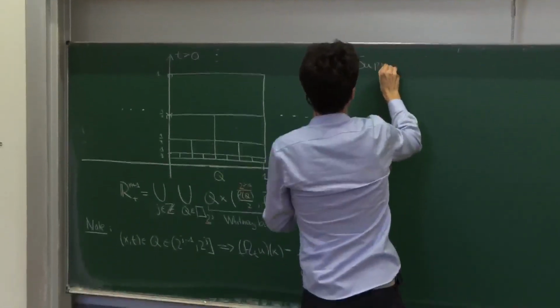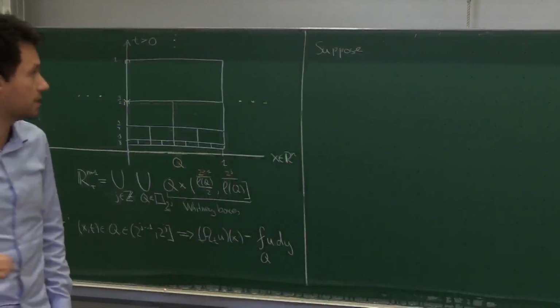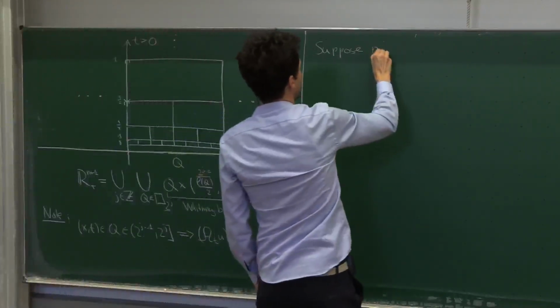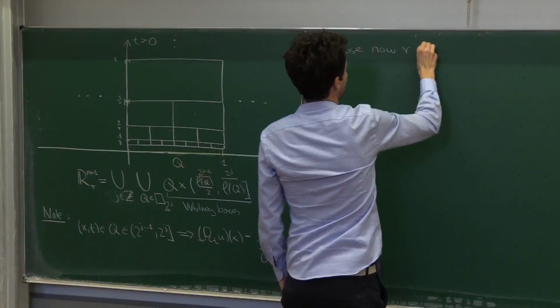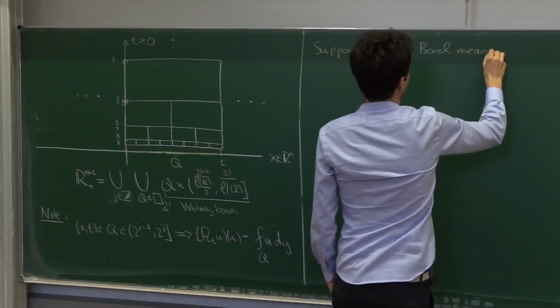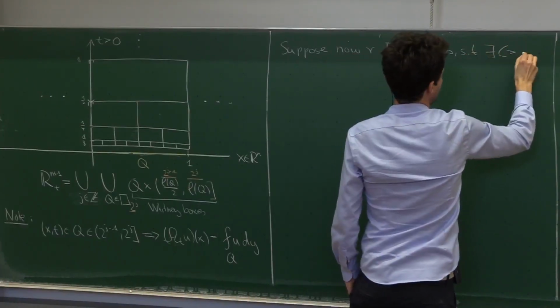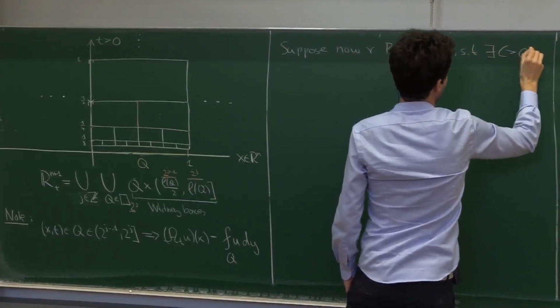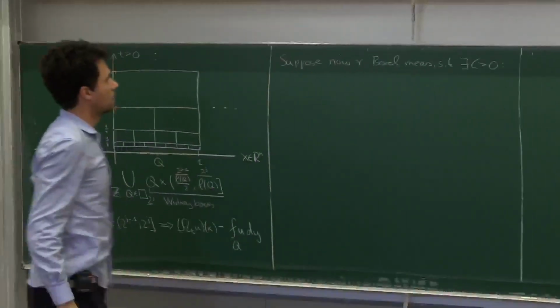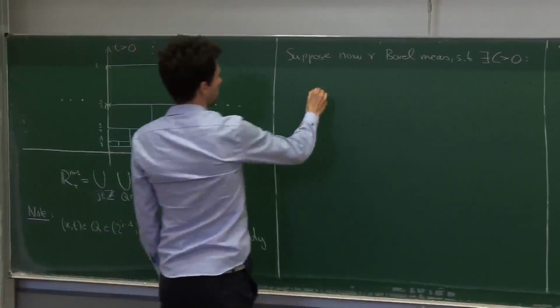And now suppose that this estimate on quadratic estimates would be true. Suppose now ν would be a Borel measure such that there exists a positive constant C with the following property.